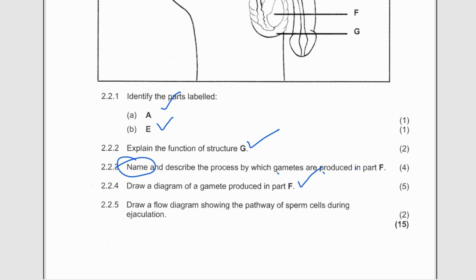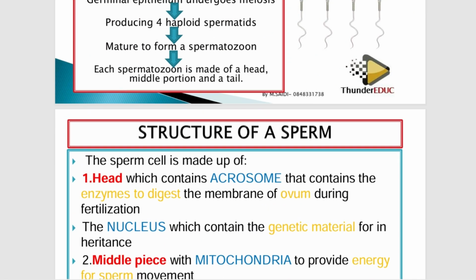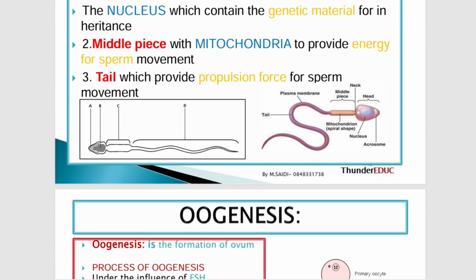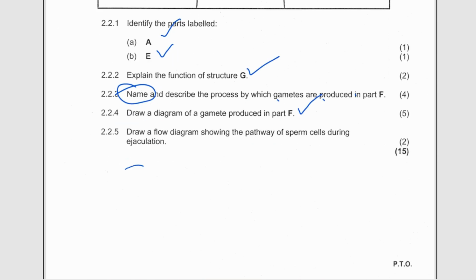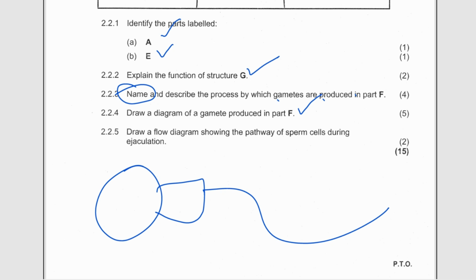Then they're saying draw the diagram of the gamete formed. I also explained that here you just draw the structure of a sperm. When you're drawing, don't draw a round head.